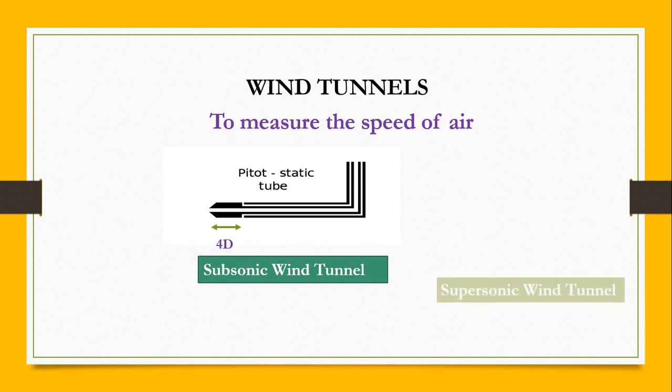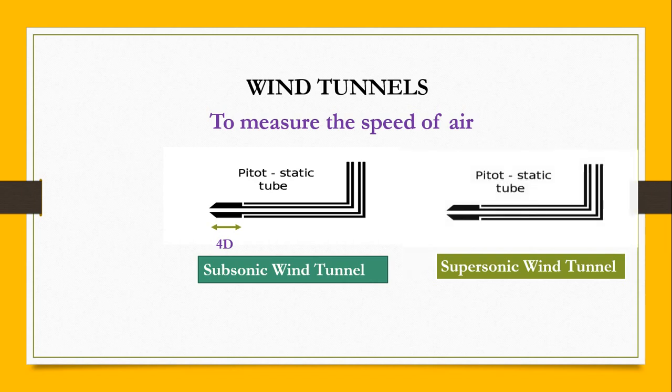But for supersonic wind tunnels, the static vent is kept at a distance of 8d from the leading edge of the pitot tube. This is for avoiding the interference of shock in supersonic wind tunnels while measuring the speed of the flow.